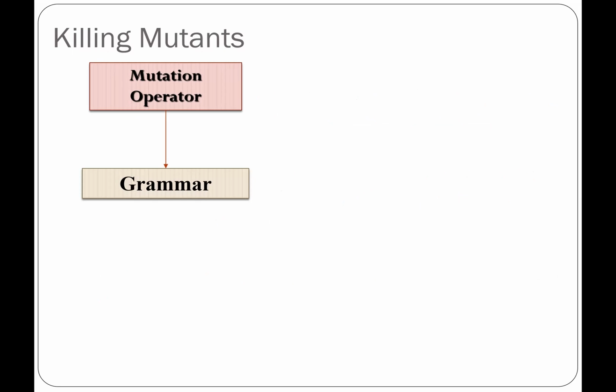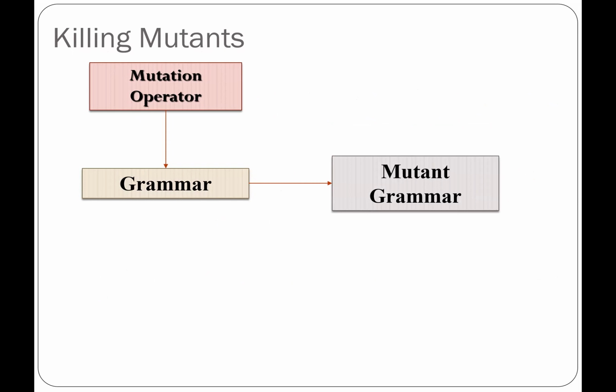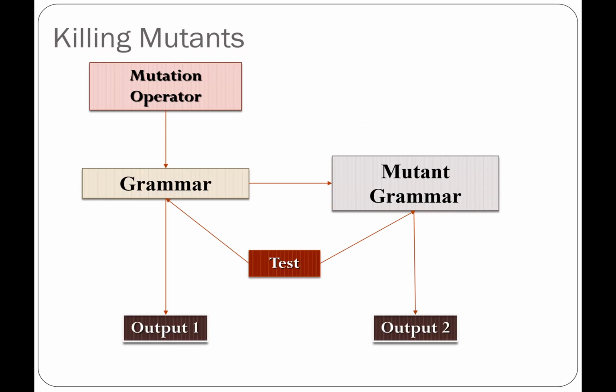I apply it to the grammar and produce a mutant grammar. Now I'm going to create a test and apply the same test on the grammar and the mutant grammar. Each one of them is going to give me a result. Had I a different output, then I would say I have killed that mutant.